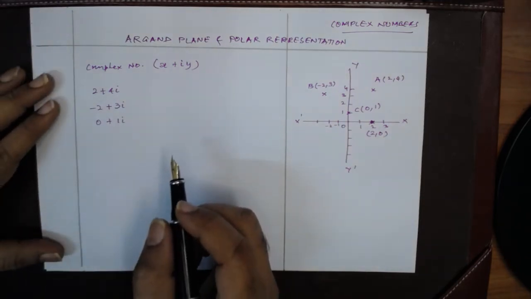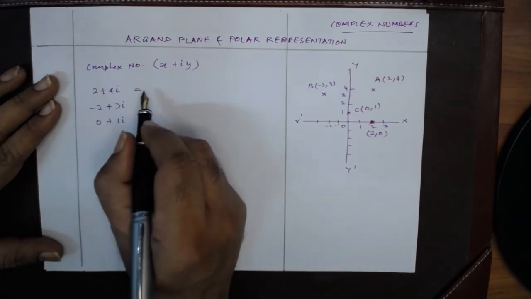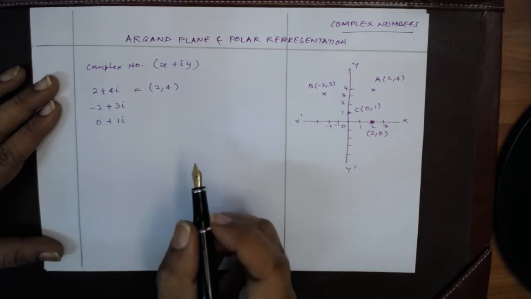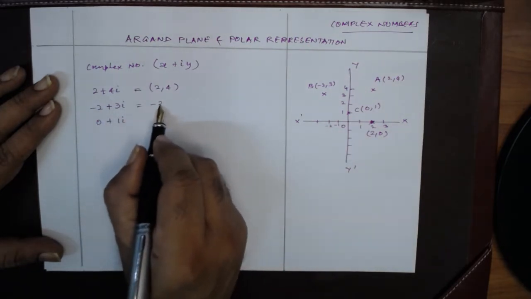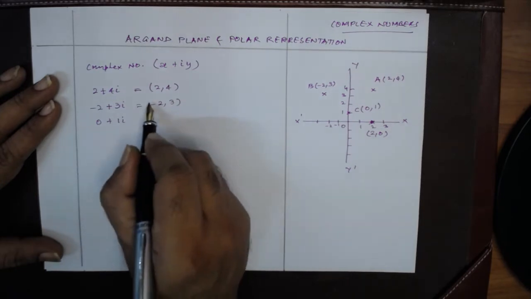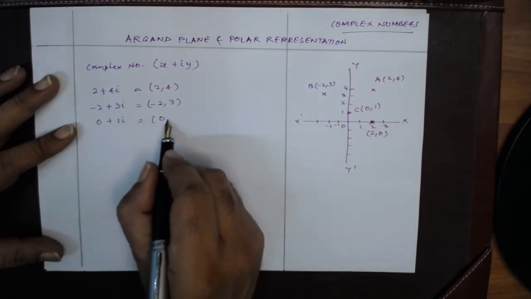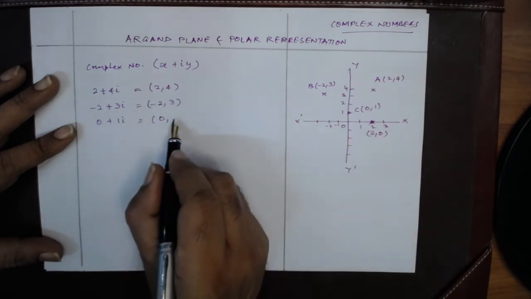They may correspond to the ordered pair, that is 2, 4. Similarly, minus 2, 3 and 0, 1, etc. So those points are represented here.